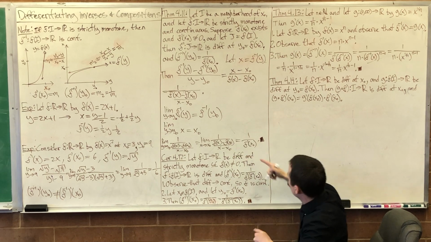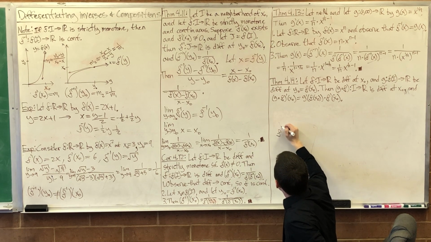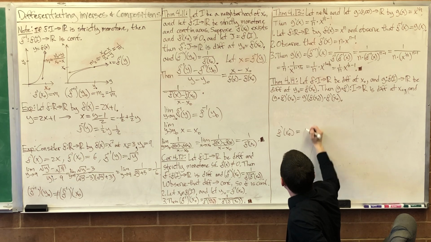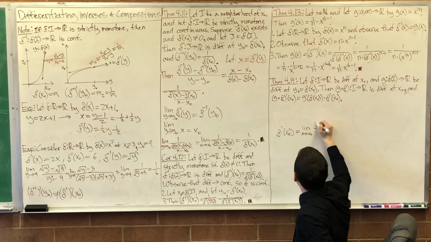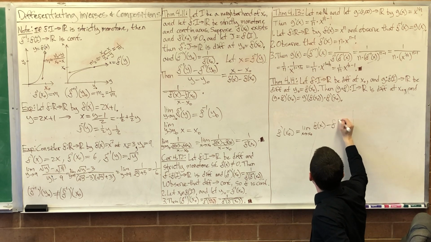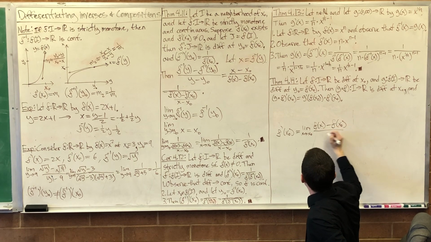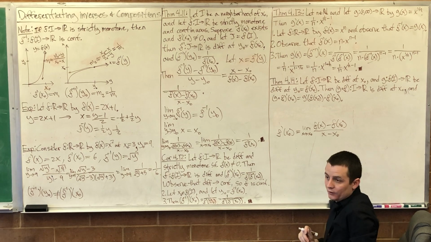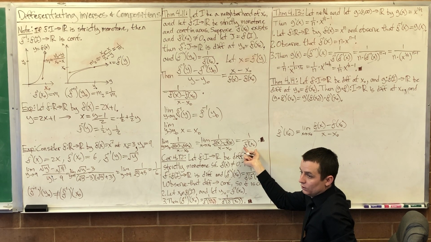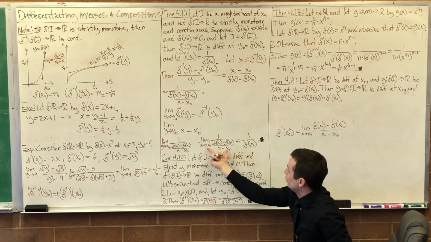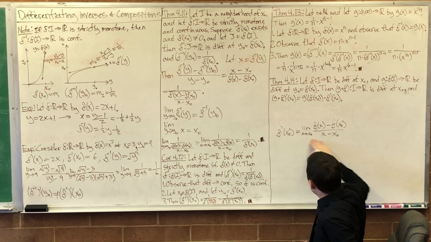What's the derivative? By definition, f prime of x naught is the limit as x approaches x naught of f of x minus f of x naught all over x minus x naught. That's the definition of the symbol. And so I can only substitute if it's written this way.